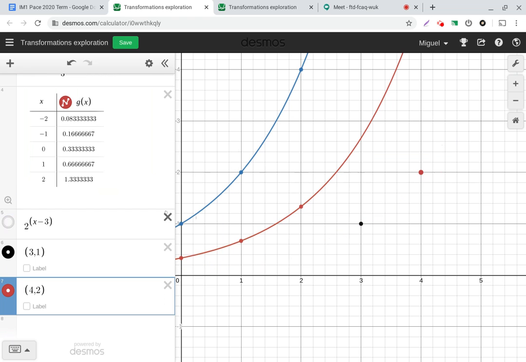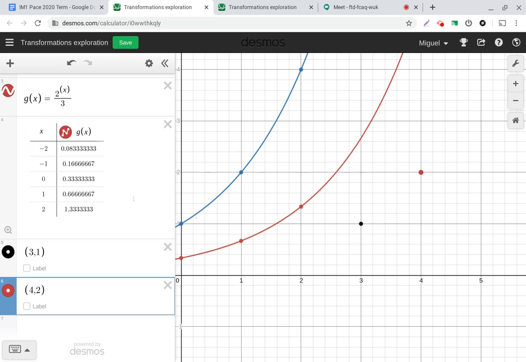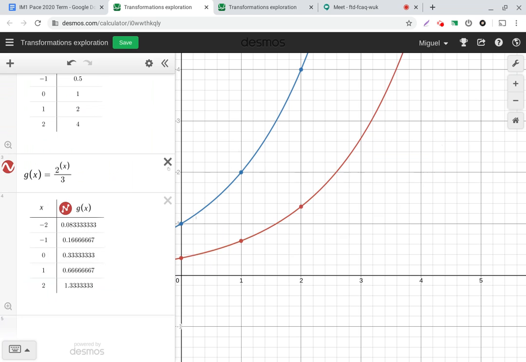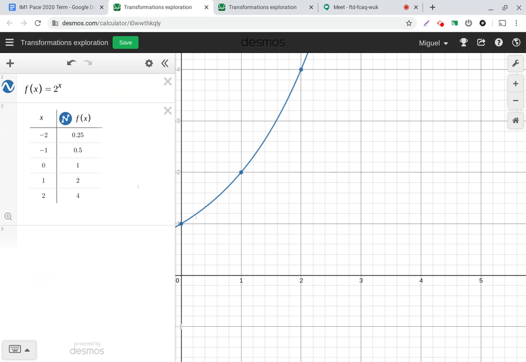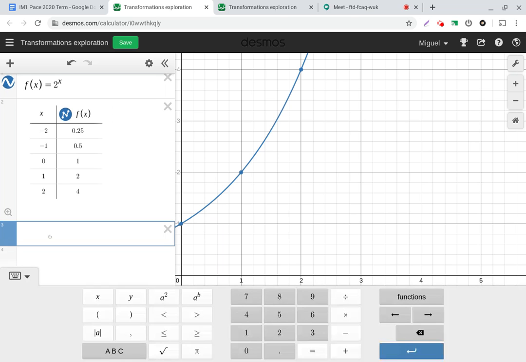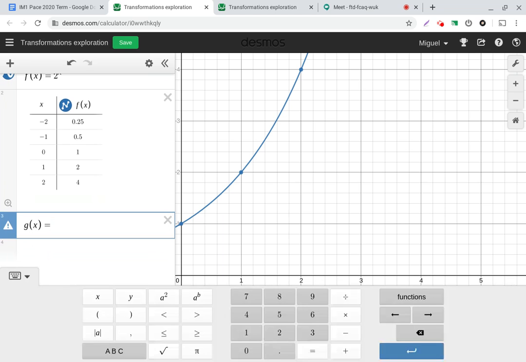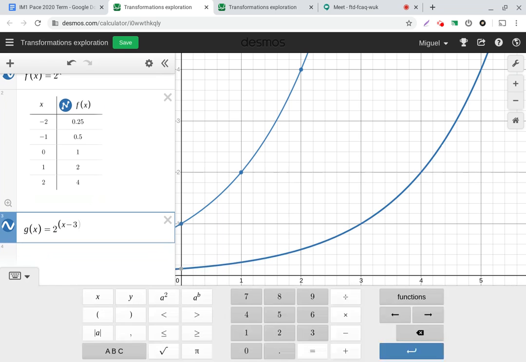So let me go ahead and go to Desmos, and I'll give you what to type, okay? Go ahead and get rid of everything except f. And then g, you're going to say, is 2 caret x minus 3.